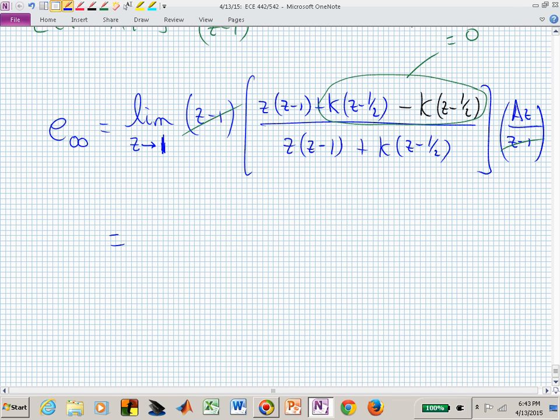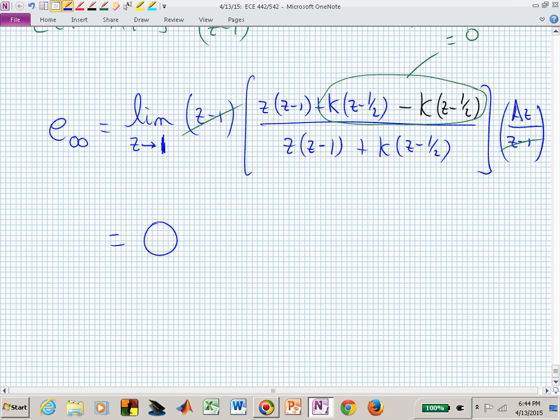As z goes to 1, we have 1 times 1 minus 1, that's 0. Is the downstairs well behaved? The left piece gives us 0 plus k times 1/2, with k between 0 and 4/3. That's okay. So we have a finite denominator, which is good. It's not going crazy. We now have 0.